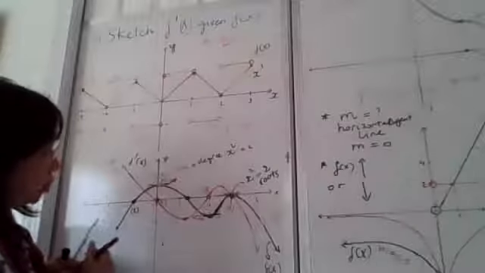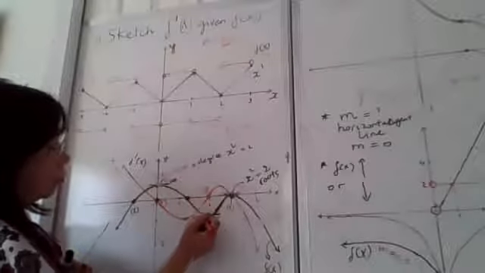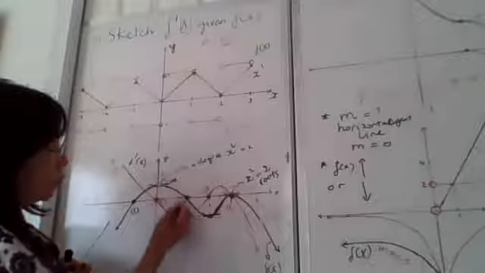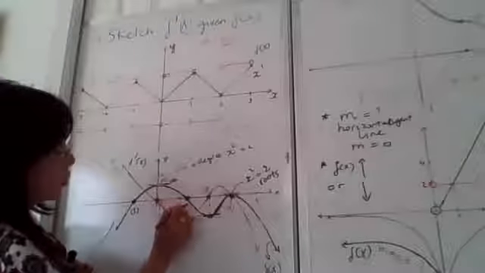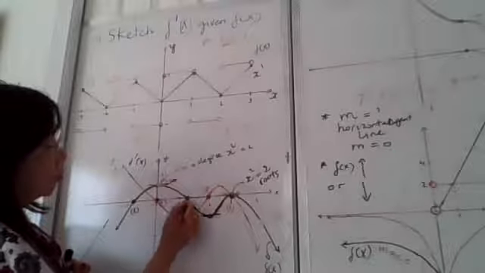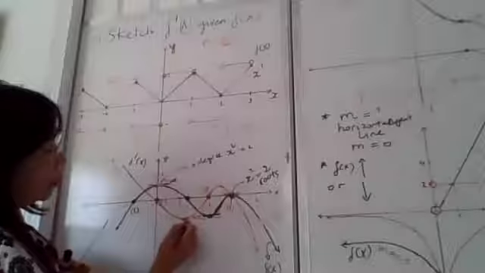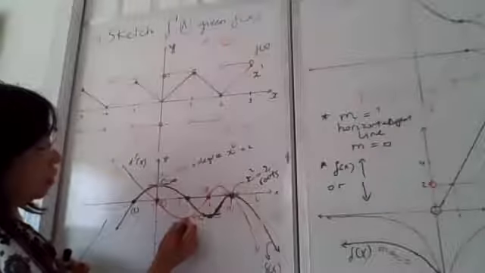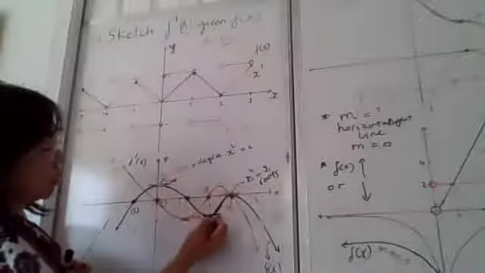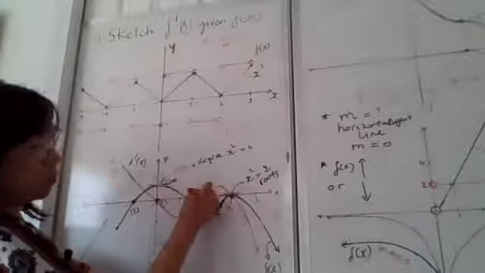Also, we pay attention to where we mark our points and we watch the function. We know the function is decreasing, so our slope has to be negative. At this point, we have a horizontal tangent for the function, which means our derivative has to cut through this point.